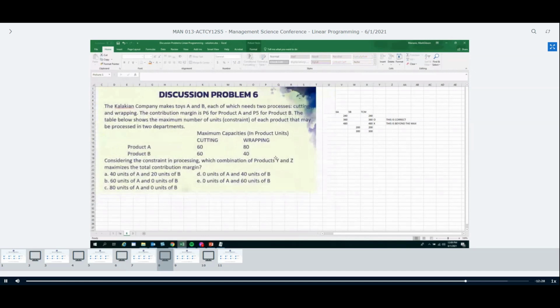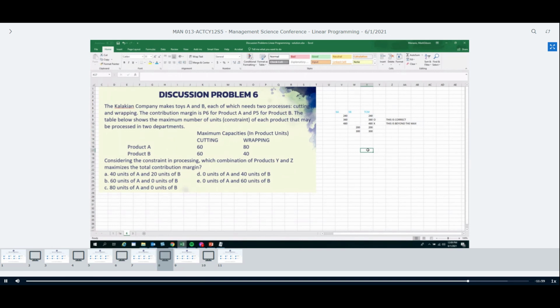The Kalakian company makes toys, A and B, each of which needs to be processed in cutting and wrapping. The contribution margin is 6 per product A. And 5 for product B. Then, meron tayo ngayon total contribution margin. O, wag na malilito sa TCM ha, total contribution margin.